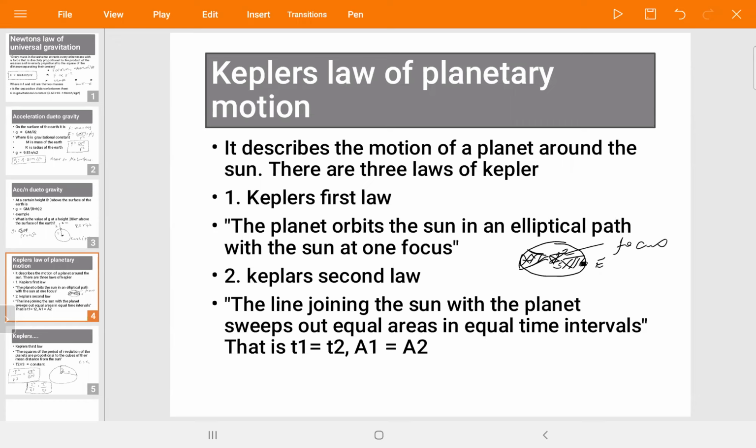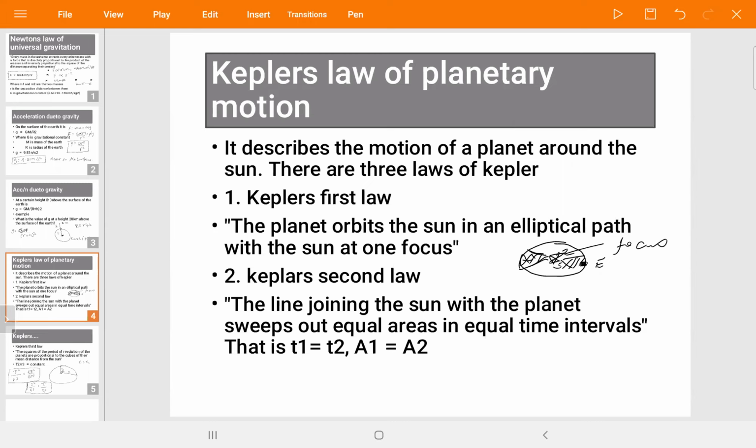A body that rotates around the sun is said to be a planet. Not only planets, there are some other celestial bodies, but the planets rotate around the sun by taking the sun as a focus, and the paths that the planets follow are called elliptical paths.